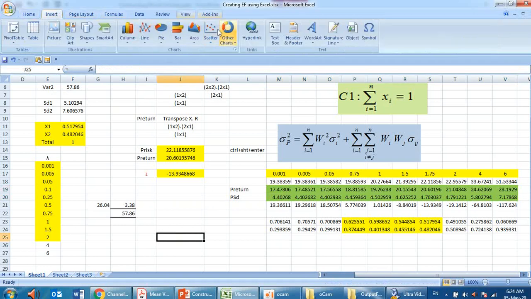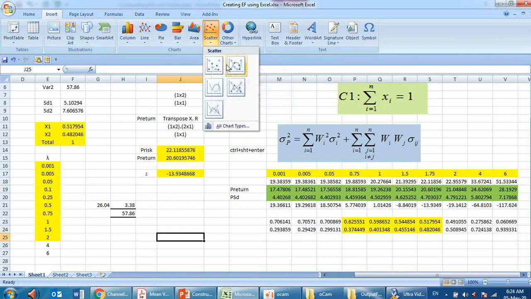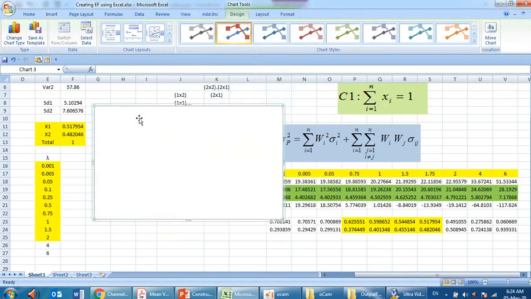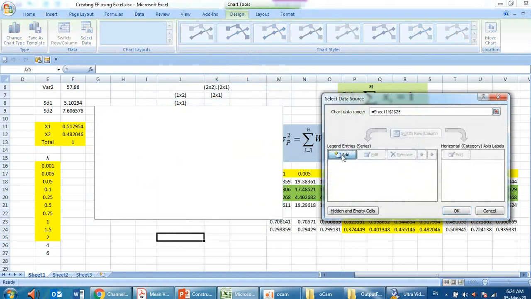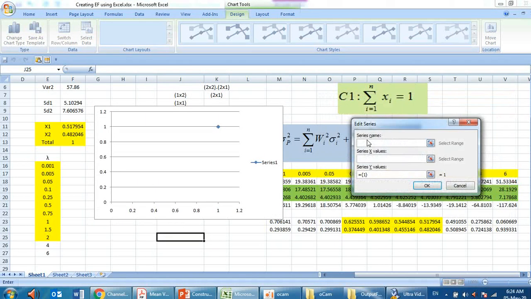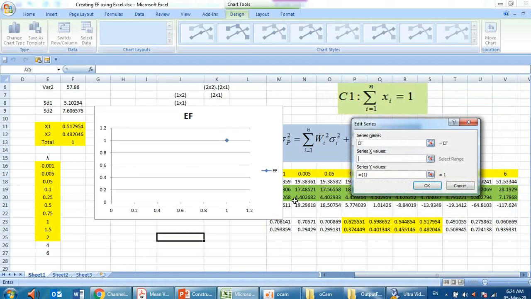Now you go to insert scatter, and I select this one. Now this is empty. Select data, add data, efficient frontier. What is X? X is the standard deviation, not variance. Okay. And what is Y?